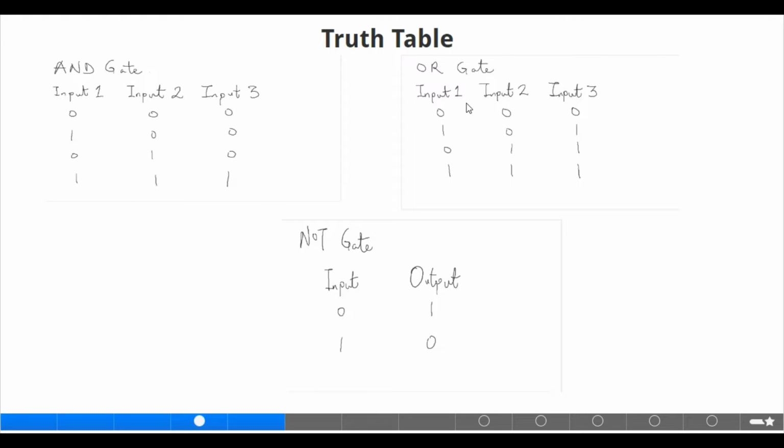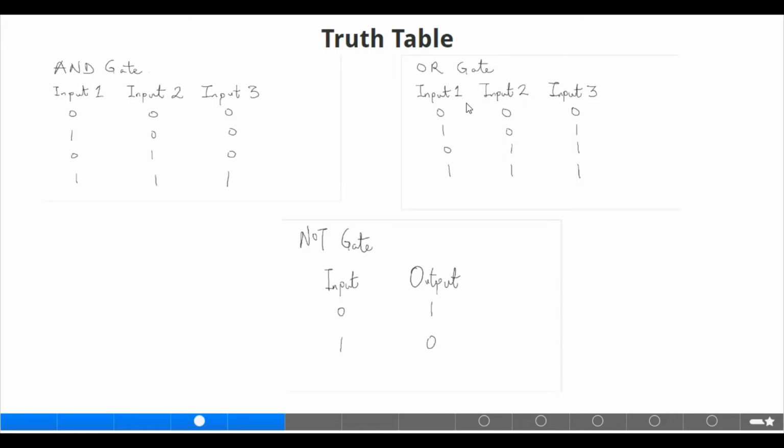The same thing applies in the third row. If input 1 is off and input 2 is on with 1, the input 3, that is the output, will be off. If input 1 now is on and input 2 is on, that is 1, 1, the output will be 1.